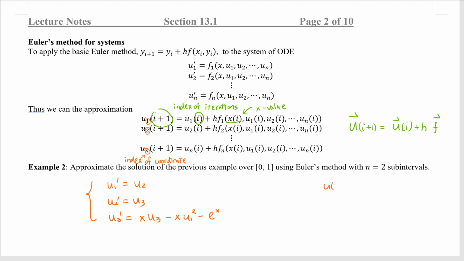And u1(0) equals 1, u2(0) equals minus 1, u3(0) equals 2. So far so good, everybody?